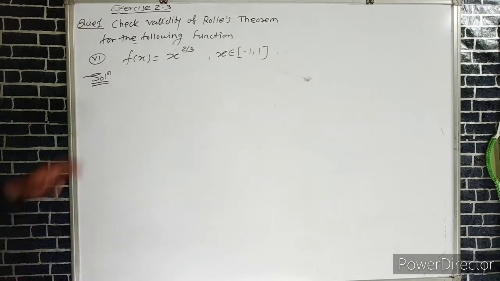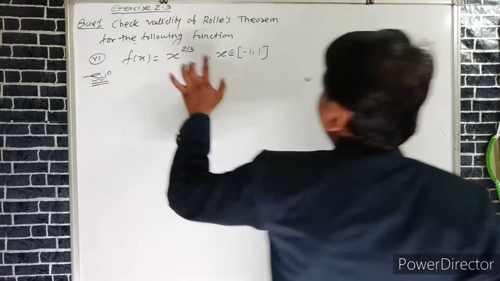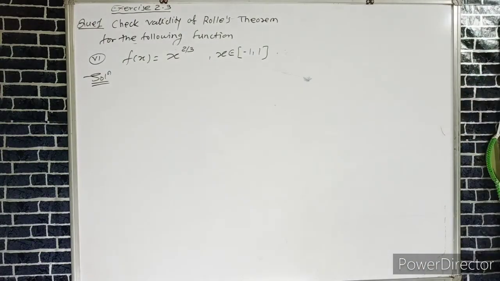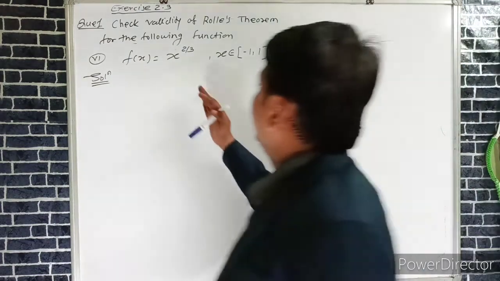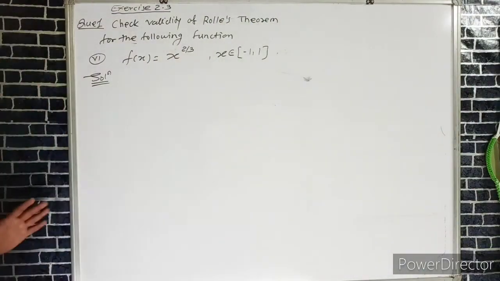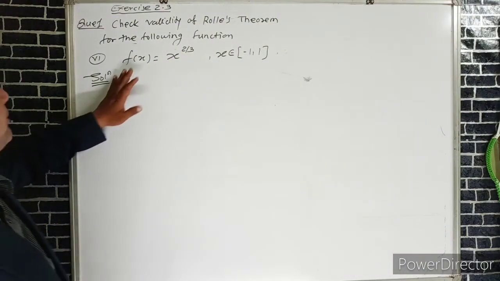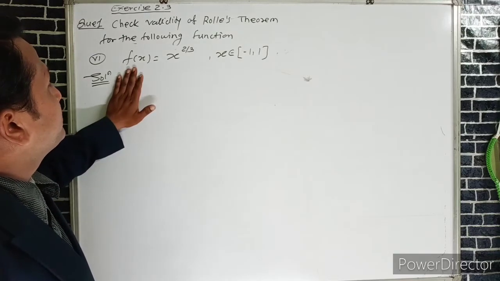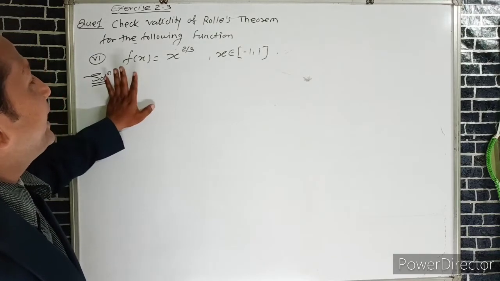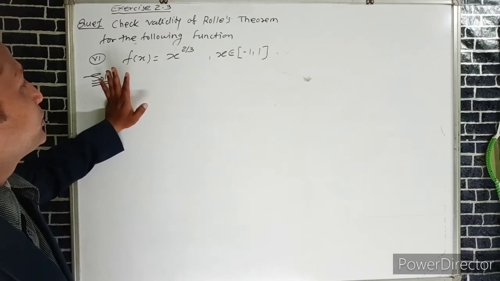So again here, f of x is equal to x raised to the power 2 by 3 on the interval minus 1 to 1. Here we have to find the validity of the given function f of x equals x raised to the power 2 by 3 at x belongs to minus 1, 1.